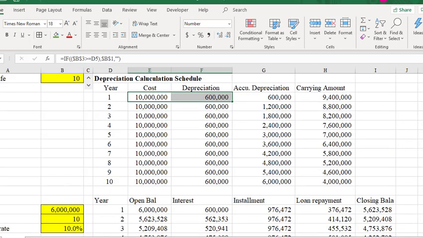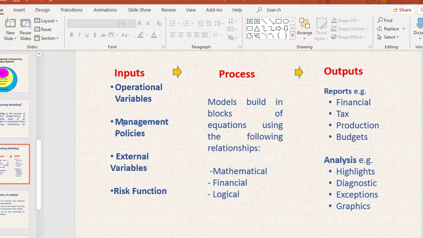Right. So we'll move back to our discussion. As I mentioned earlier, in an accounting model we have 3 key components: inputs, a process and output. As far as input is concerned, you have different inputs. For example, operational variables, which may be cost of sales, sales, or interest rate.